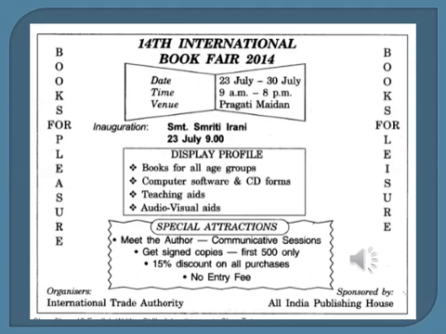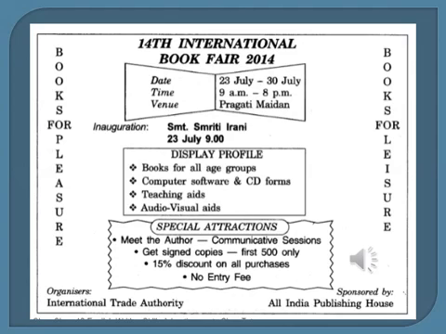Then date: 23rd July to 30th July. Then time: 9 a.m. to 8 p.m. Venue: Pragati Maidan. Inauguration: Smriti Irani, 23rd July. The display profile: books for all age groups, computer software and CD forms, teaching aids, audio-visual aids.